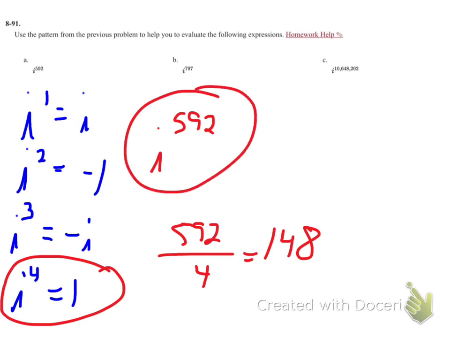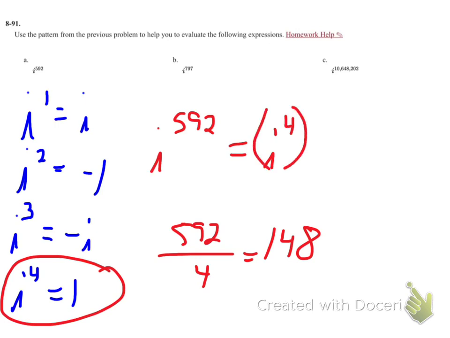So I can rewrite this as i to the fourth to the 148th. And the reason why I do that is because the power to a power rule means I multiply them. So that equals my 592. i to the fourth is 1, so this is 1 to the 148th, which is just 1.